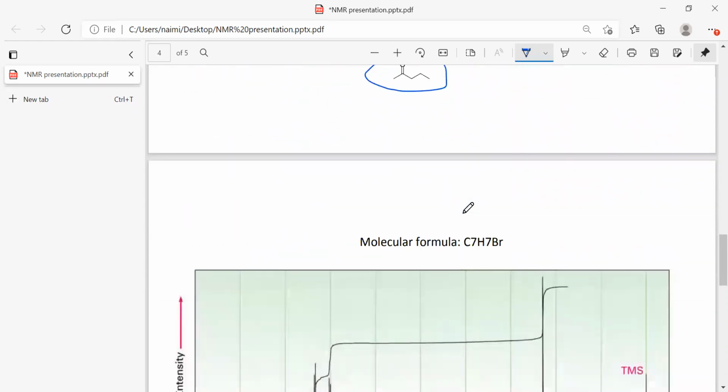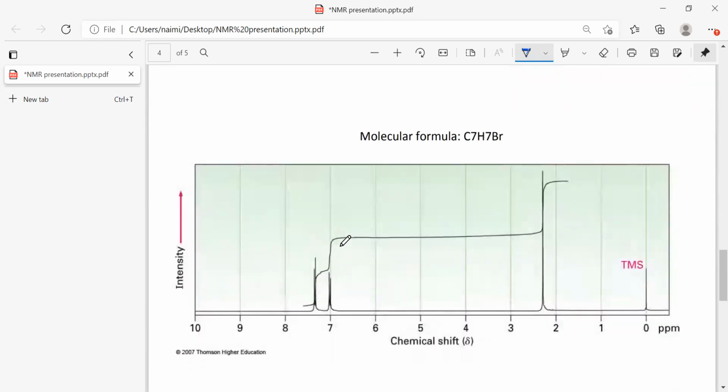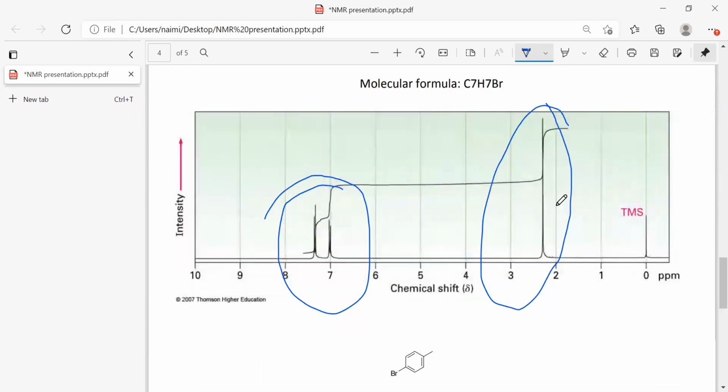Next one, if you talk about this one, C7S7Br. So this is the aromatic peak, meaning aromatic protons will be present in the unknown compound.